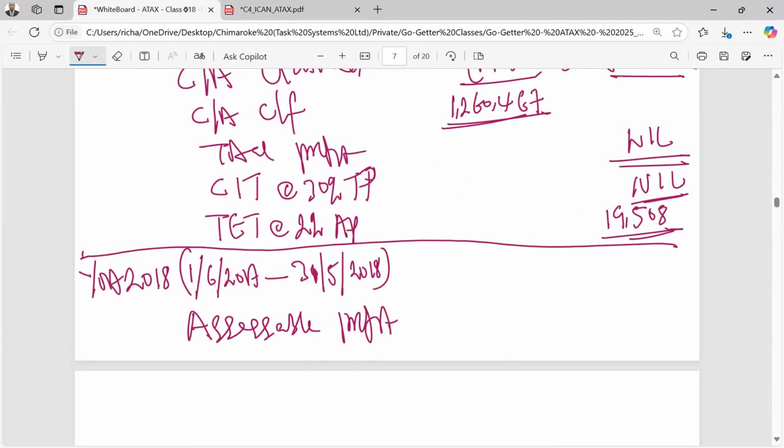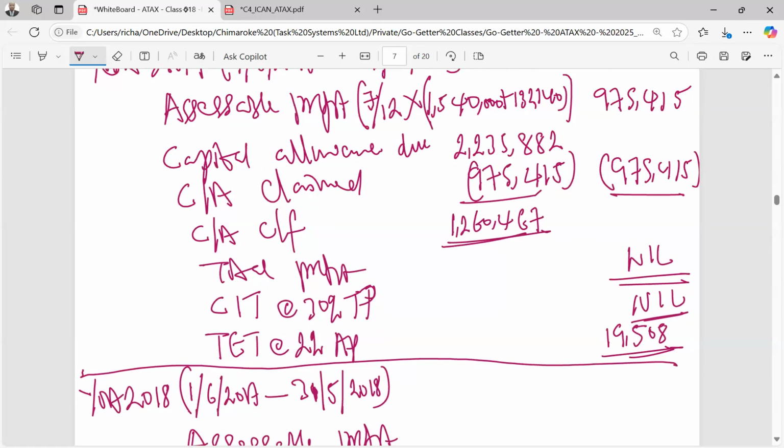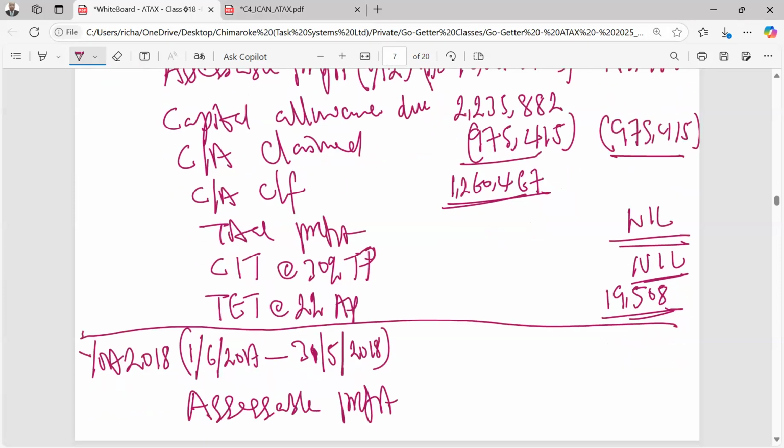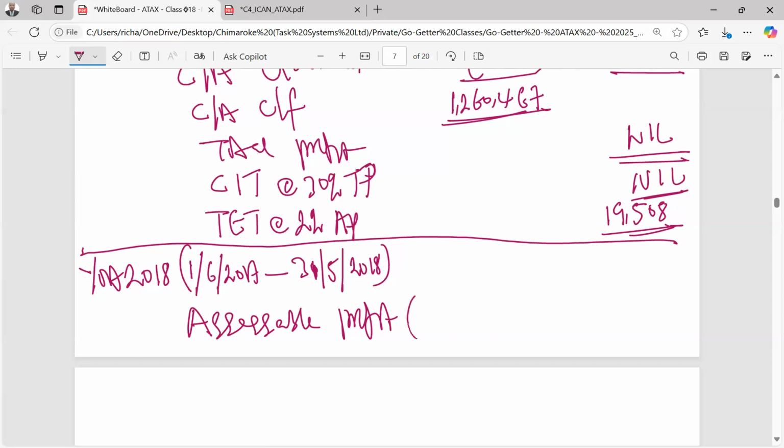I'm going to do the same thing I did here, but it's going to be 12 months of the addition of these two. All right, so we're not prorating.